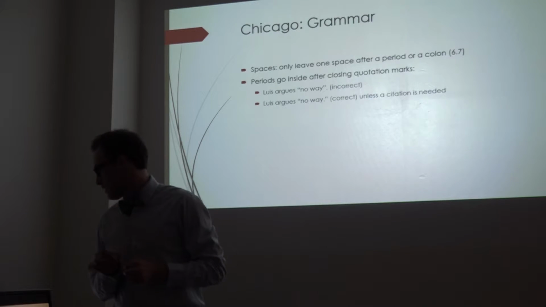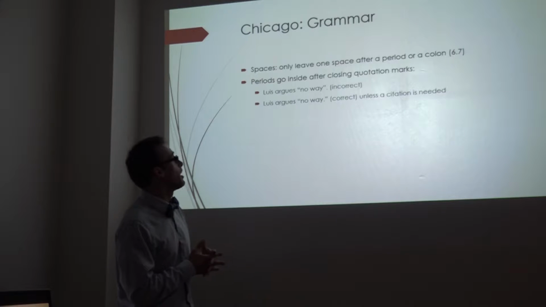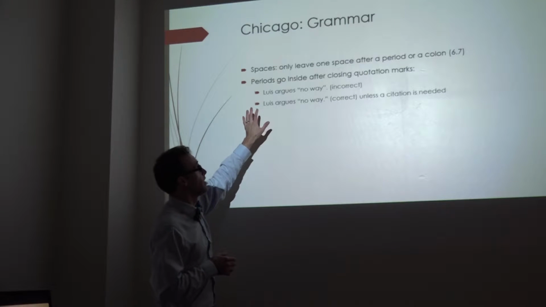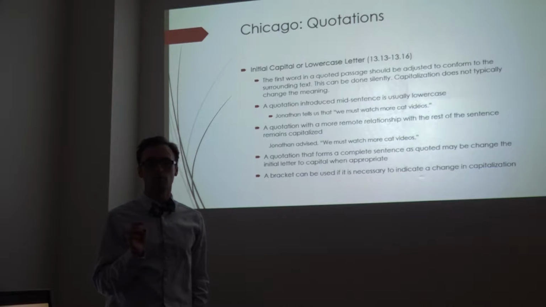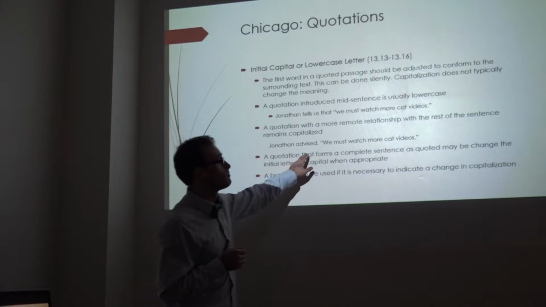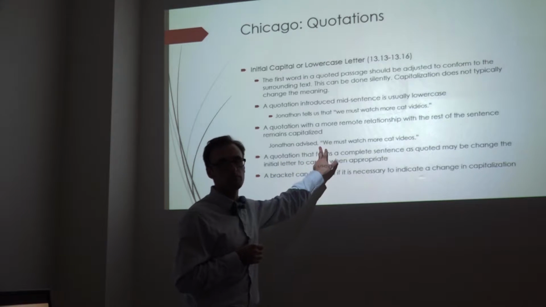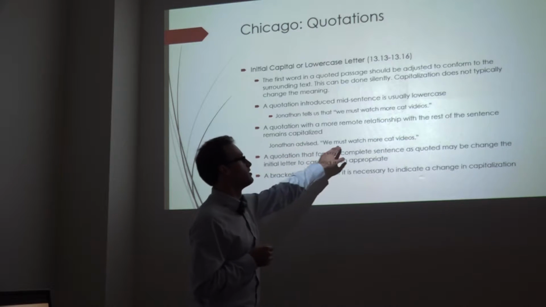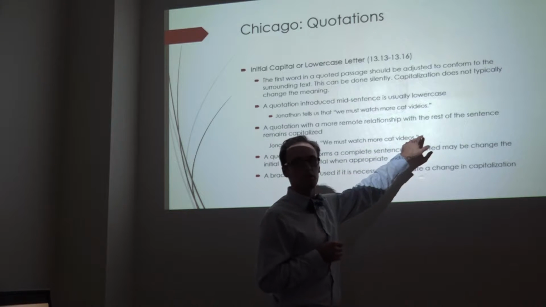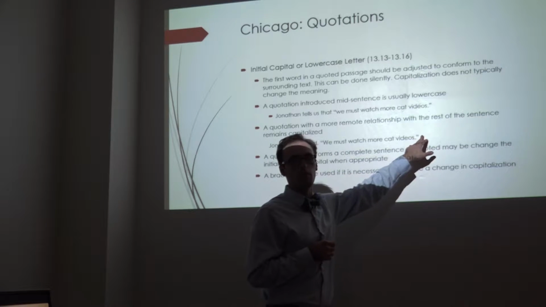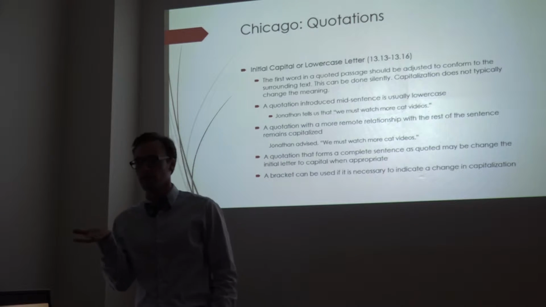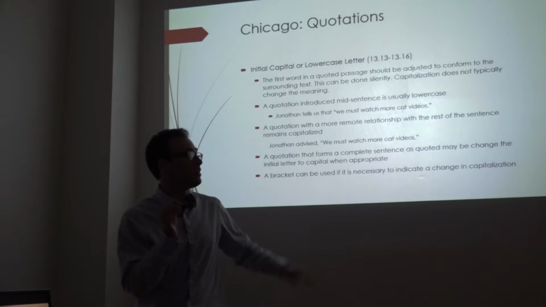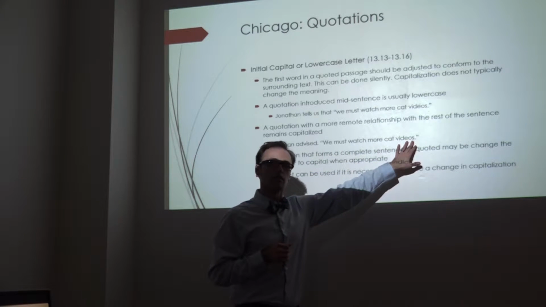Spaces: leave only one space after a period or a colon. Now, about the period relative to the last quotation: if the sentence ends, the period always goes on the inside of the quotation marks, not sometimes inside and sometimes outside.